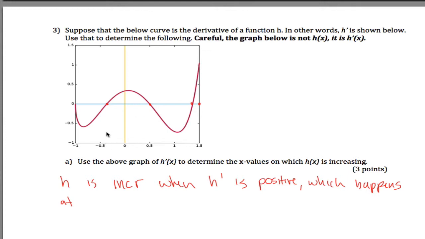So I would say from about, I don't know, negative 0.4 and all the way until we get to, what's that, about 0.5? And then again from what, 1.4, 1.3, something like that. Let's call it 1.4. H is increasing when h prime is positive, which happens at about that and this.